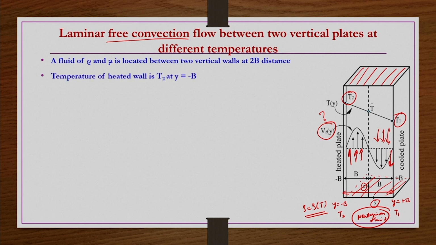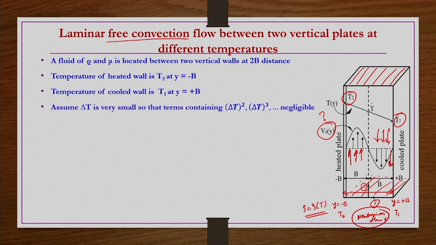The temperature at the heated wall is T2 at y equals minus b, and the temperature of the cooled wall is T1 at y equals plus b. Assume delta T is very small, so that terms containing delta T square, delta T cube, etc. are negligible. If delta T itself is very small, then their square and cube terms would also be very small, so we can neglect them.